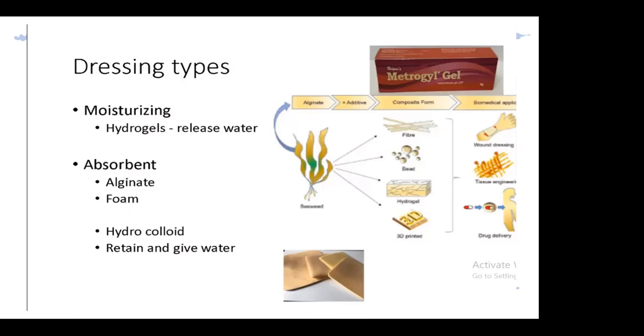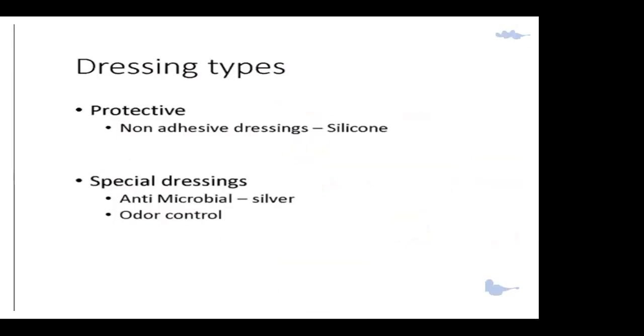Then there are dressings that take in and give water, that retain and give, like hydrocolloids. They are trying to balance out and give the ideal situation. Then there are just protective dressings. They don't absorb anything. They just protect, like silicone dressings.